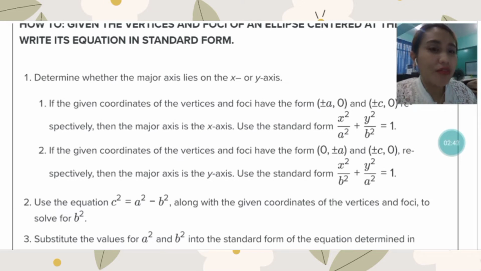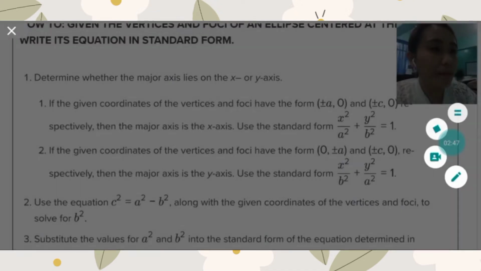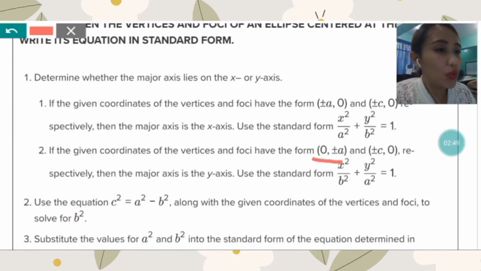Next, if the given coordinates of the vertices and foci have the form 0, positive negative a, and our foci is 0, positive negative c respectively, then the major axis is the y-axis. I'm sorry, this one right here should be 0, positive negative c, since for that the orientation is vertical.